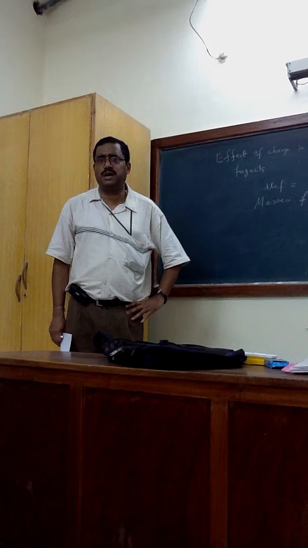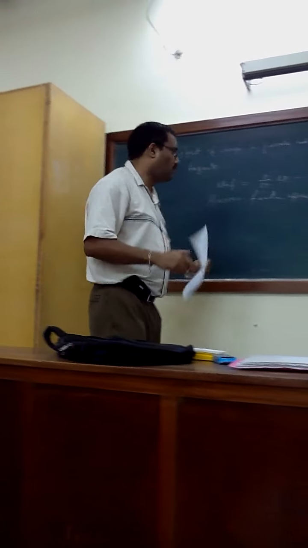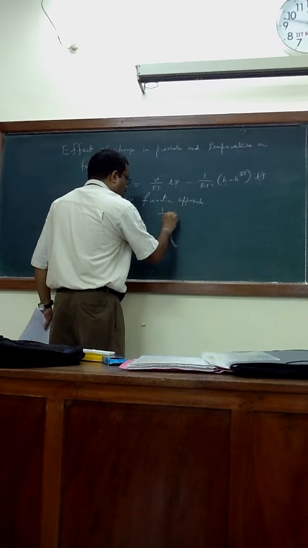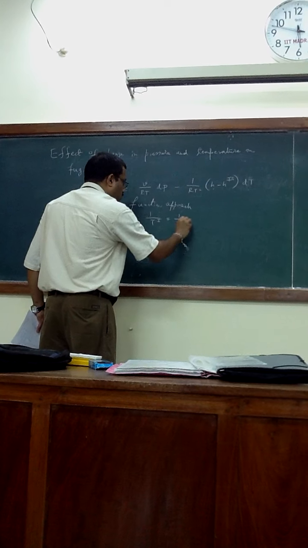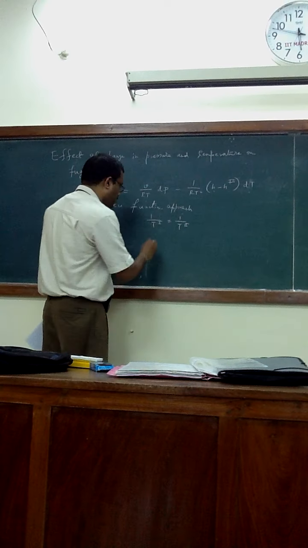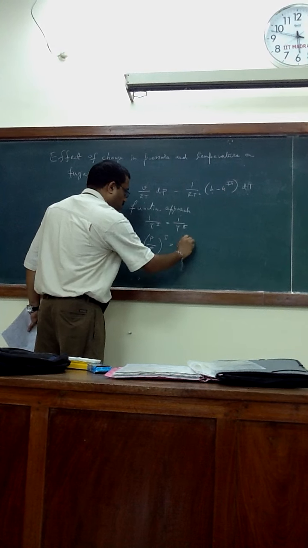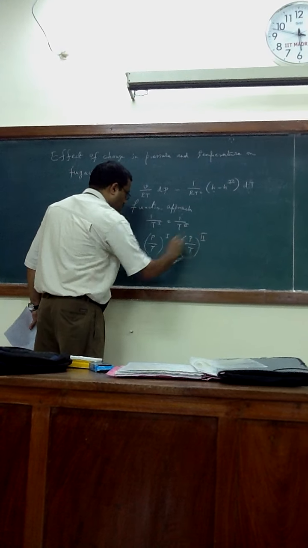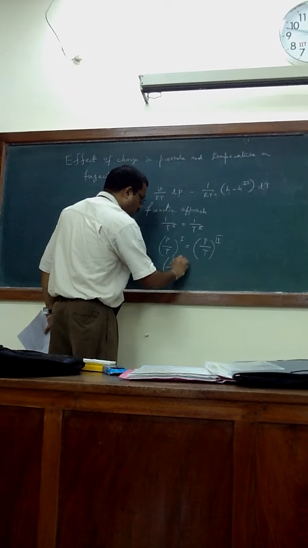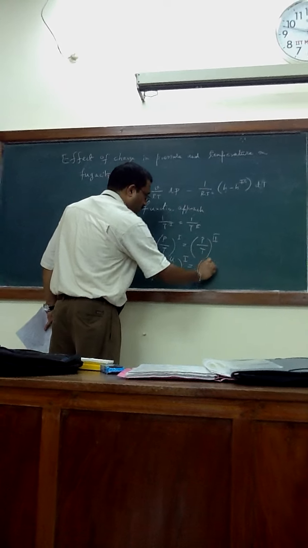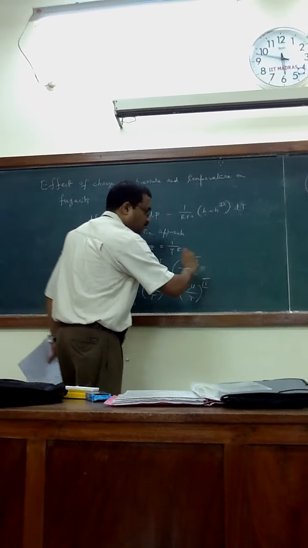It is there. Yes, madam. 1 by T1 equals 1 by T2. Then the next condition, P by T of the first system equals P by T of the second system. Then mu by T in the first system, mu by T of the second system.